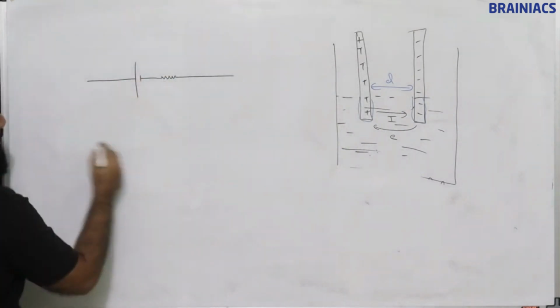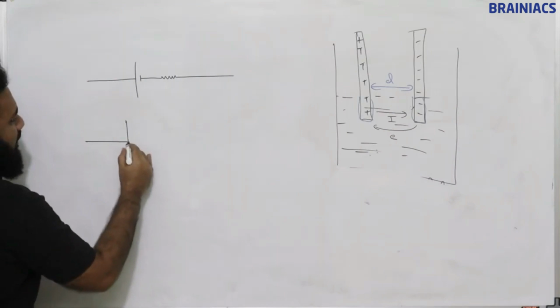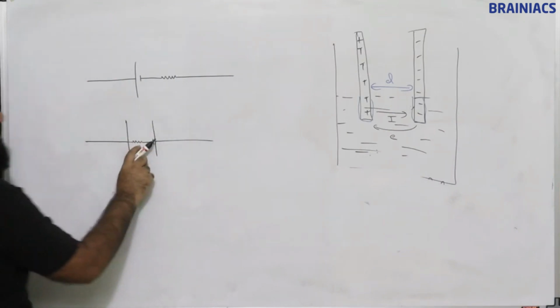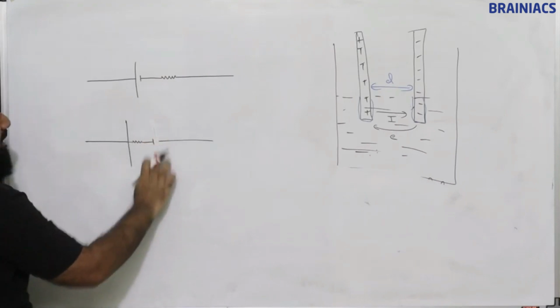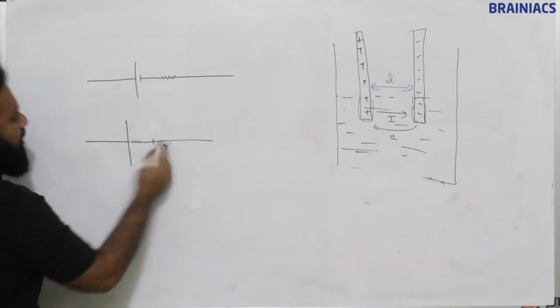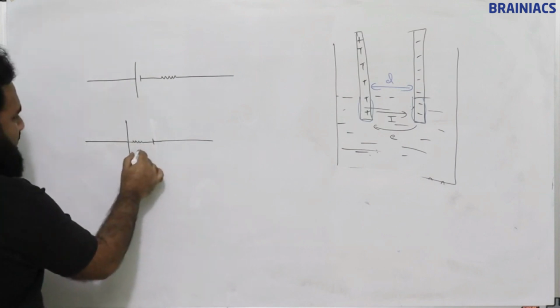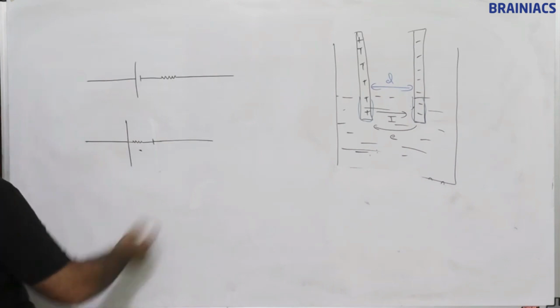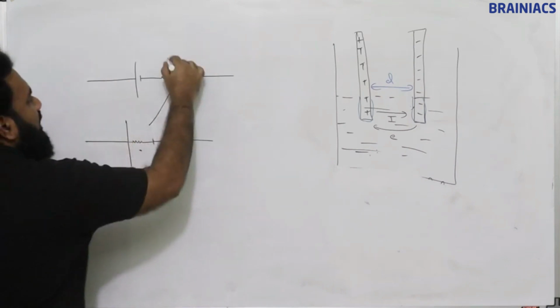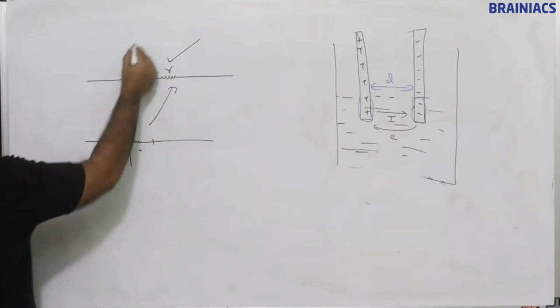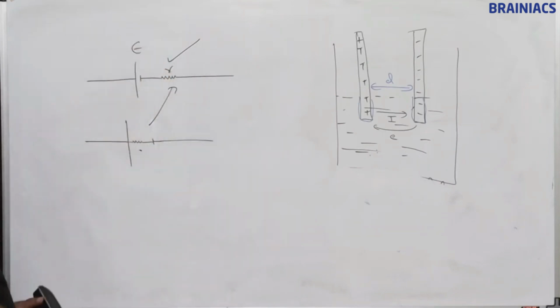So actually it should have been drawn like this, as the resistance offered inside the battery. But as a convention we follow this, with a small resistance r, and we mark the EMF as E.